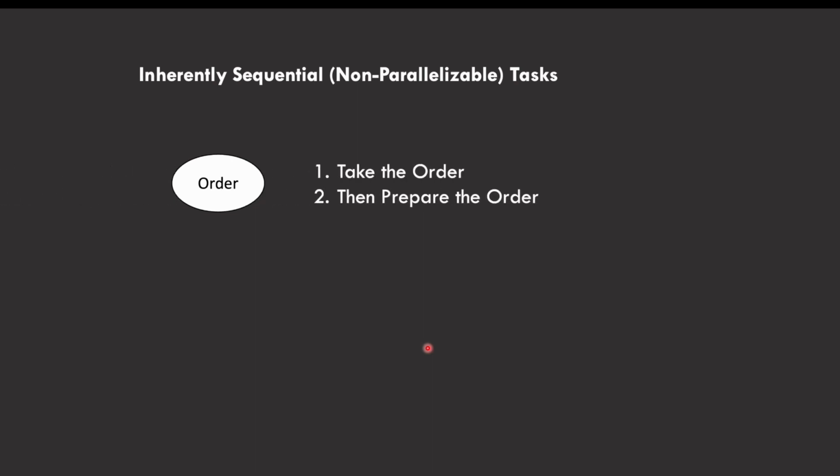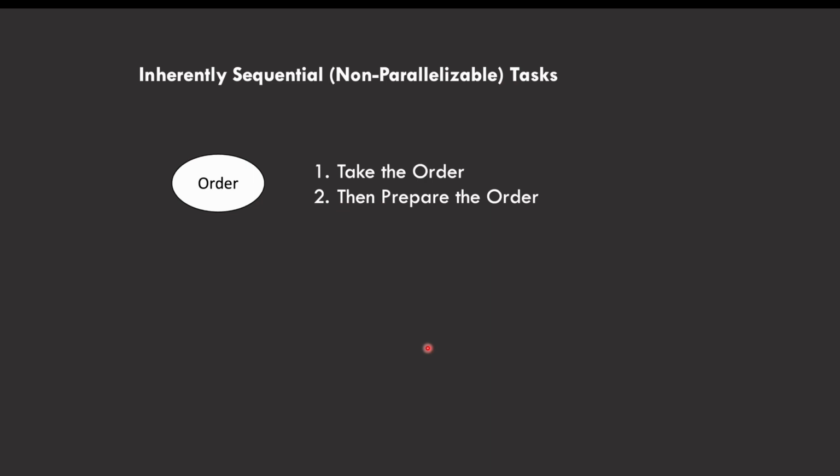If we remember our restaurant example, we had an order and the order had two steps, which were take the order and then prepare the order. If you think about it, you cannot prepare the order without taking it, right? So this is an example of a sequential task. You have to take the order and then prepare the order. The preparation cannot happen without taking the order. This is a prime example of a sequential task in terms of our restaurant example.